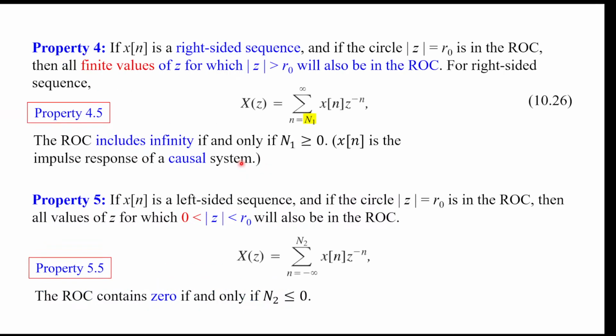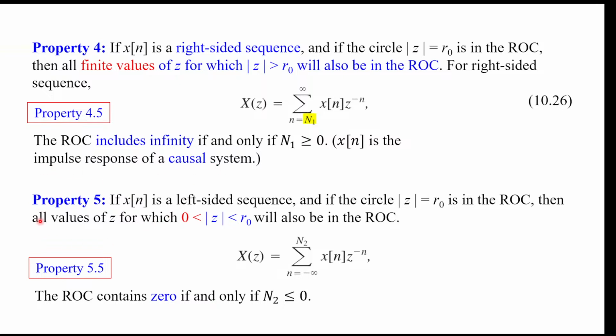Okay. And then you have property 4, which is similar to the Laplace transform: for a right-sided sequence you have the ROC being outside. But you also have property 4.5, which says the ROC includes infinity if and only if the left-sided bound is greater than or equal to 0, which basically means that the signal is causal, which is a misnomer.